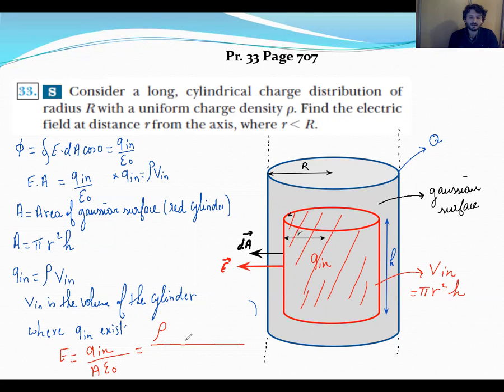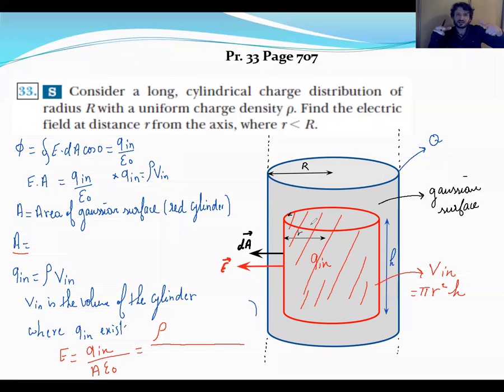Here, A is the area of the Gaussian surface.